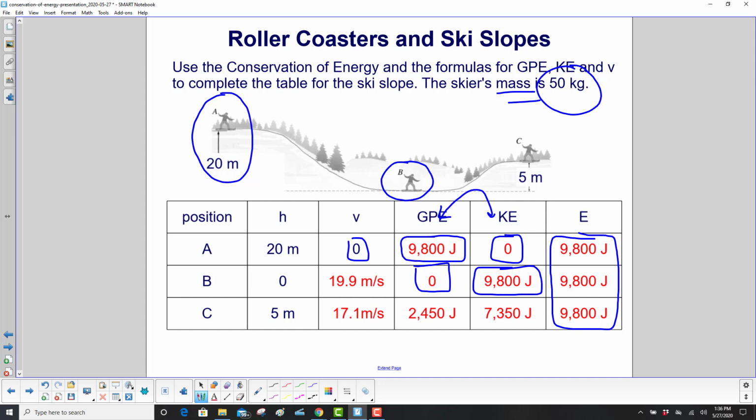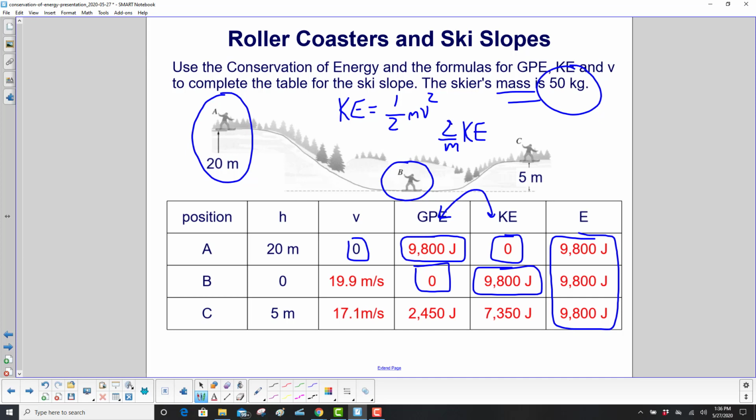And then to find velocity, we have kinetic energy is 1/2 mv squared. We isolate v by multiplying both sides by 2 over m, and that will cancel out the 1/2 m in front of the v squared. So you get 2 over m KE is equal to v squared.